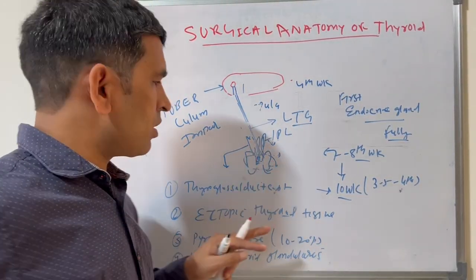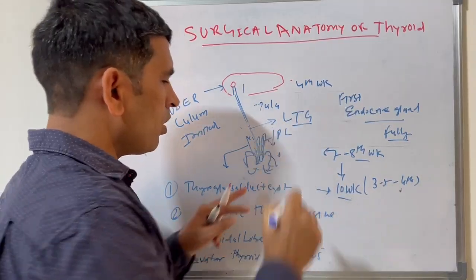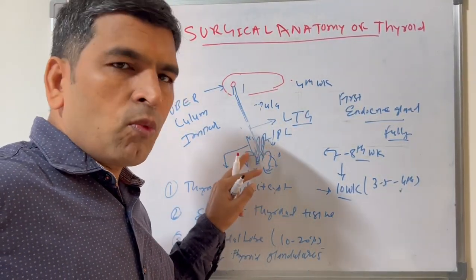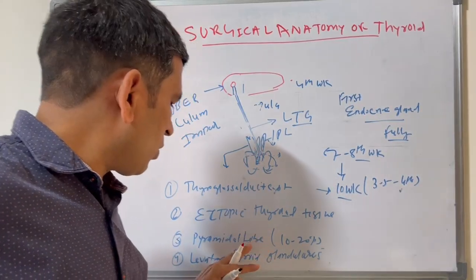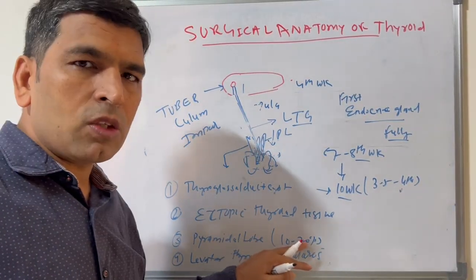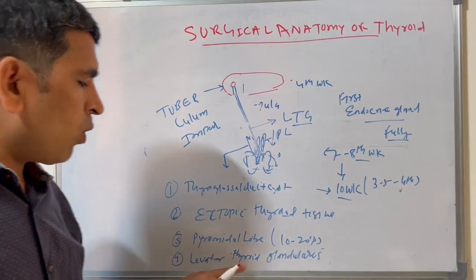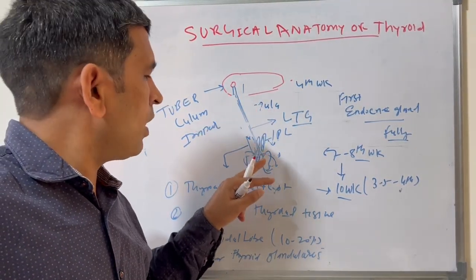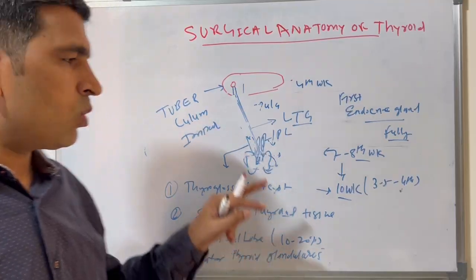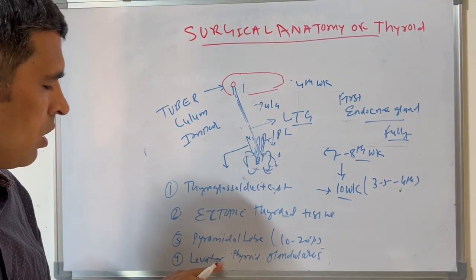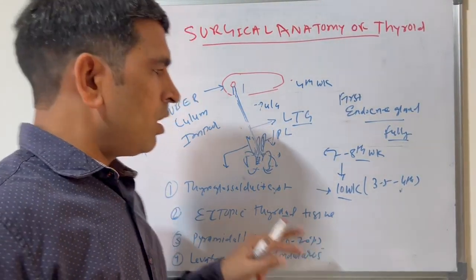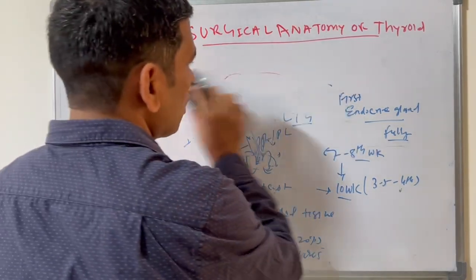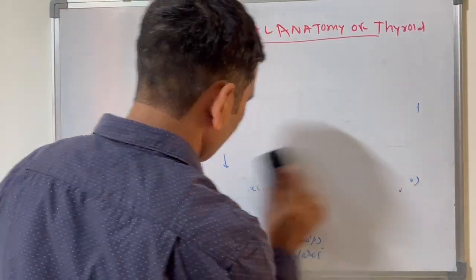In some cases, one extra piece of tissue is attached to one of the lobes or the isthmus, leading to a pyramidal lobe. It is present in 10 to 20% of cases. What is levator thyroidae glandularis? It is a fibrous band between the foramen cecum and the thyroid gland. So when this band is intact, it is called levator thyroidae glandularis. So this is all about development. Now comes the thyroid gland.